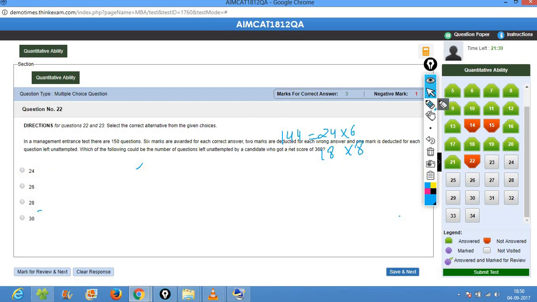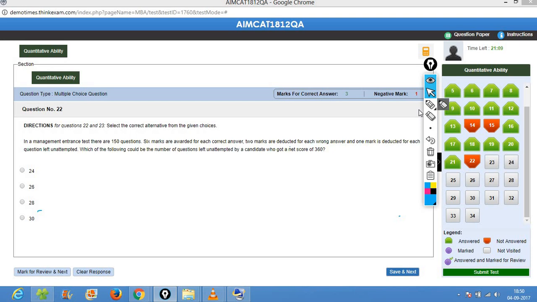Okay, so let's see the next one. In a management entrance test, there are 150 questions. 6 marks are awarded for each correct answer, 2 marks are deducted for each wrong answer, and 1 mark is deducted for each question left unattempted.